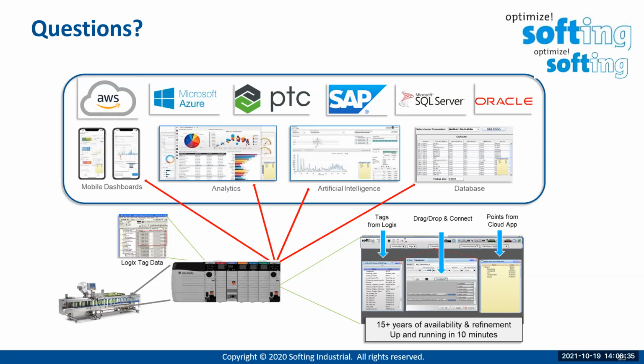He is asking whether or not there was a ControlLogix version, and there is. That was the first version that was released. We have a number of ways to support ControlLogix applications.